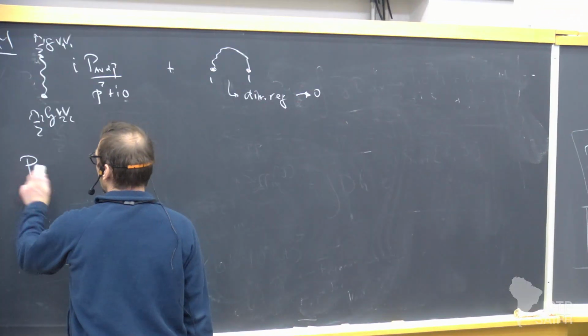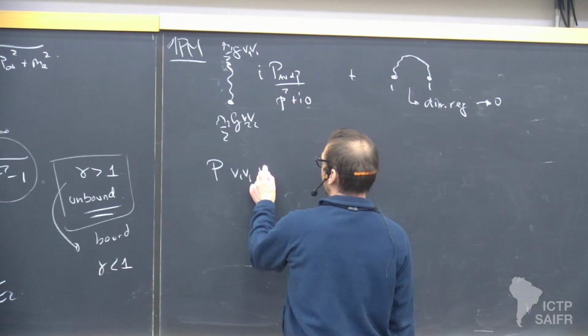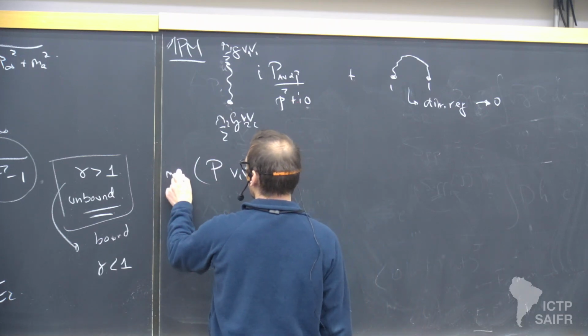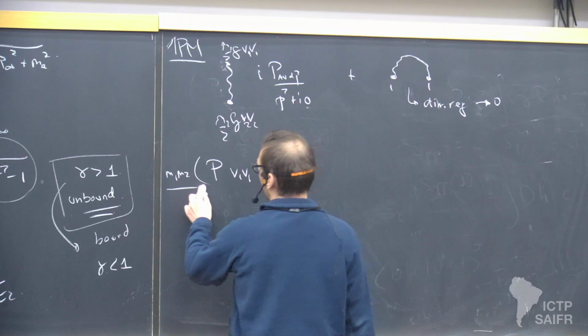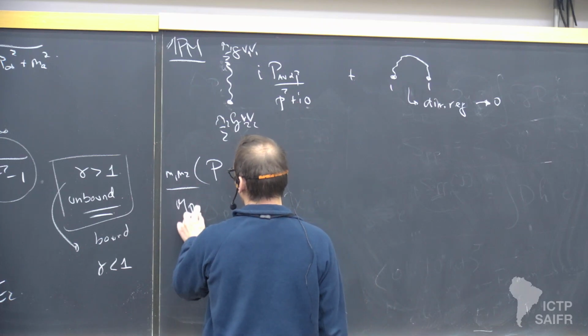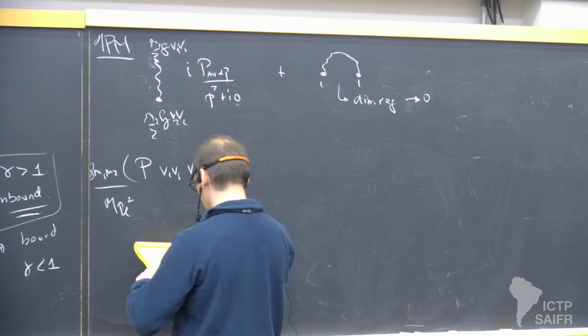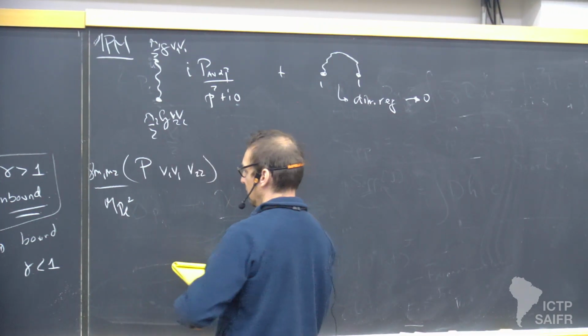So we get essentially P, v1, v1, v2, v2 contracted in 1 and 2, and M Planck squared. I forgot, I think there's a factor of 4 downstairs. Yeah, downstairs.